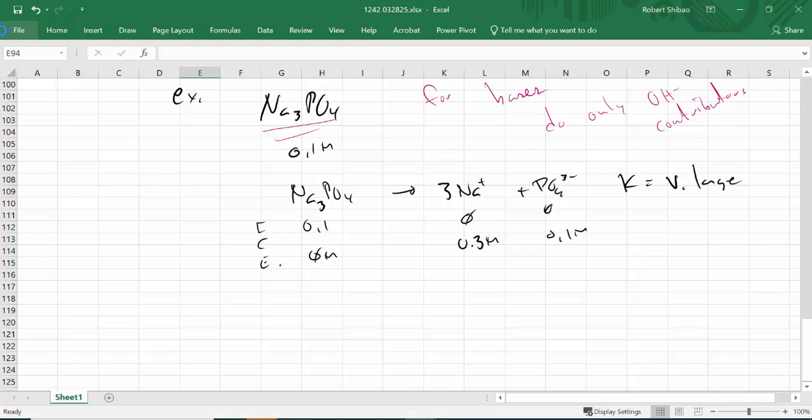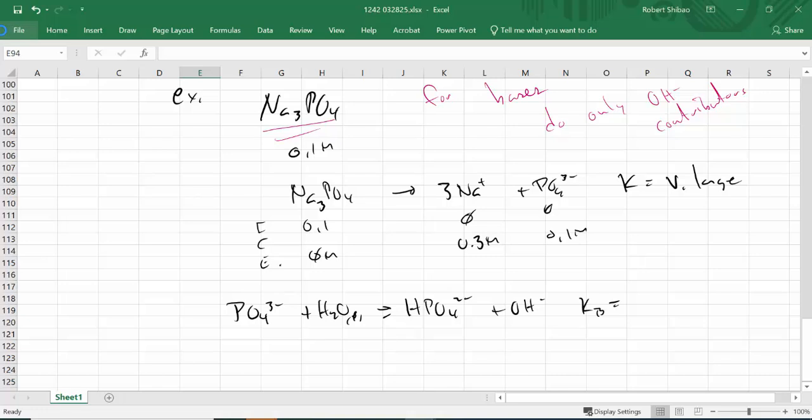And then phosphate's a strong or moderately strong base. It's still considered a weak base, but it's on the stronger end of the spectrum. So we're going to go with phosphate plus water here, and that's going to yield monohydrogen phosphate and hydroxide. And then we'll calculate our Kb value for this.